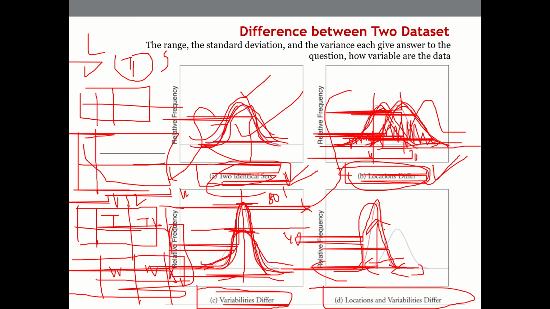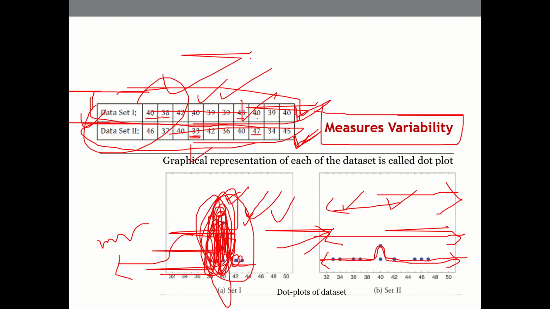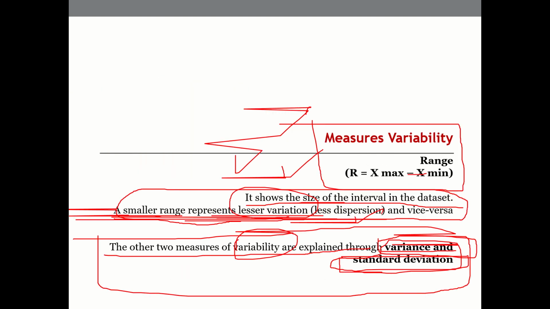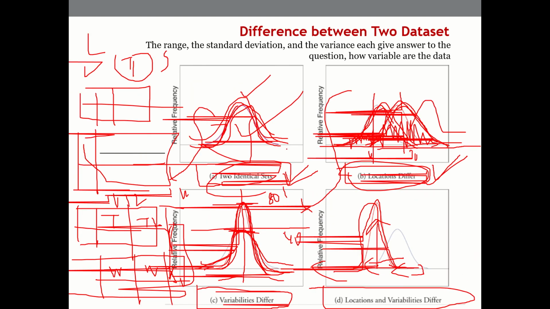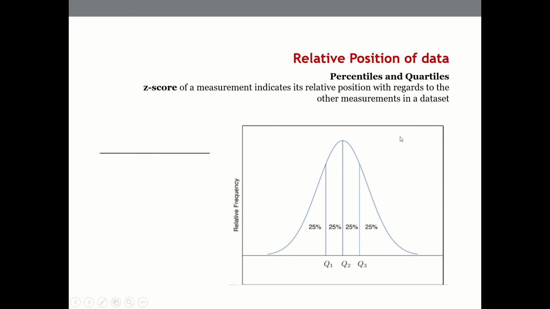If we convert this data set in the form of central tendency measurement, we'll be able to understand how the data is spread with respect to other data sets. And there is something called percentiles and quartiles. We'll work out some examples for this after some break.